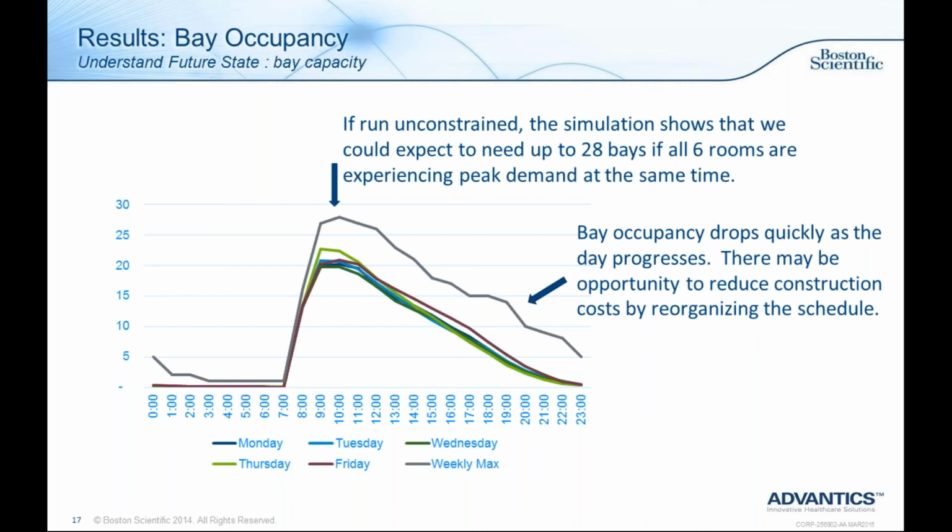For example, you can see that if you run unconstrained, the simulation shows that we could expect the need up to 28 beds if all 6 rooms are experiencing peak demand at the same time. But then again, occupancy drops quickly by the day, so there may be an opportunity to reduce construction costs by reorganizing the schedule. The schedule would be the lab schedule we talked about, not the physician schedule.